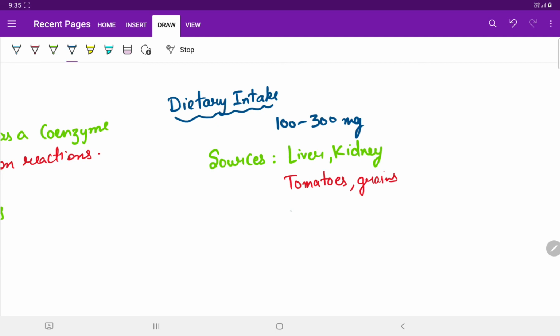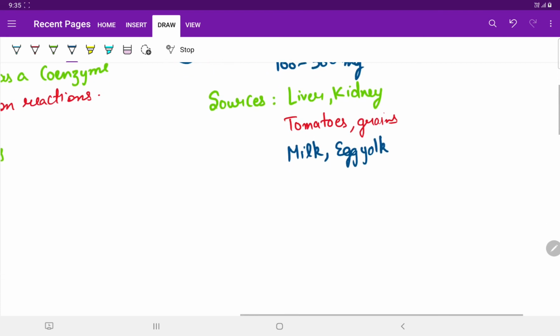Milk and egg yolk are also rich sources of biotin or vitamin B7.